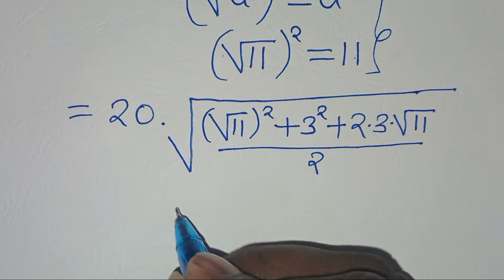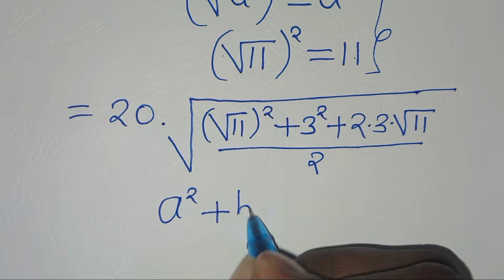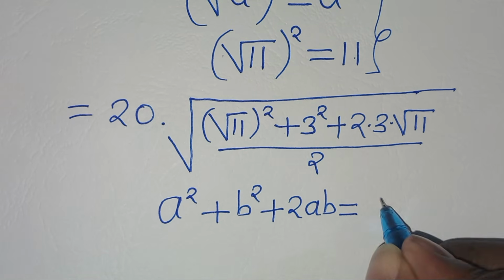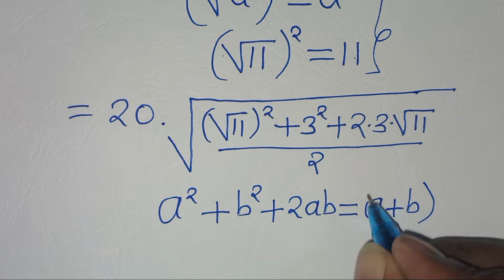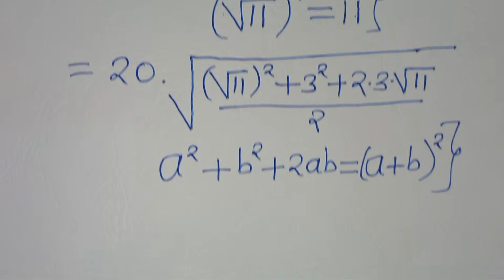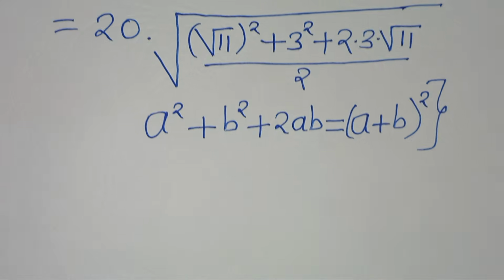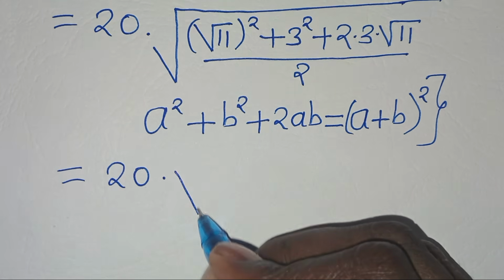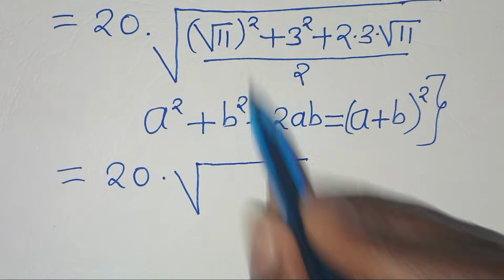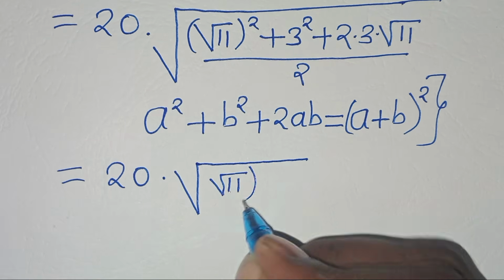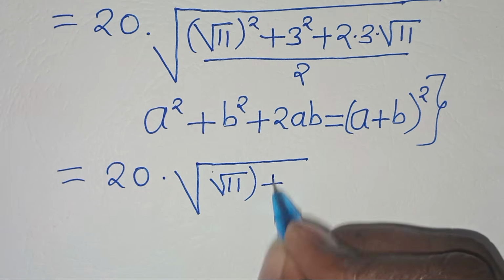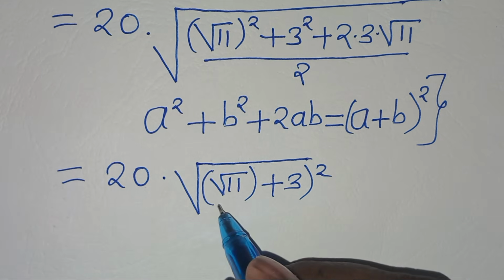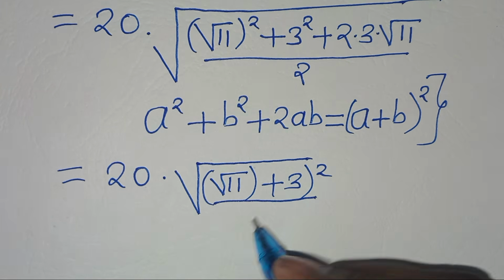This is in the form of a squared plus b squared plus 2ab, which we can express as a plus b raised to the power of 2. Let's apply this algebraic identity, so that now we have 20 multiplying by the square root of root 11 plus 3 raised to the power of 2, divided by 2.